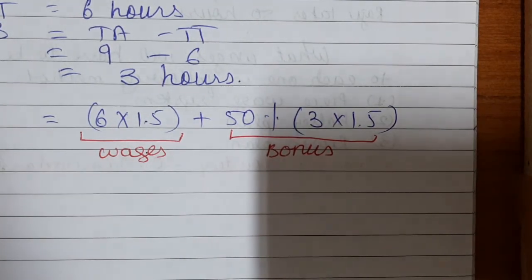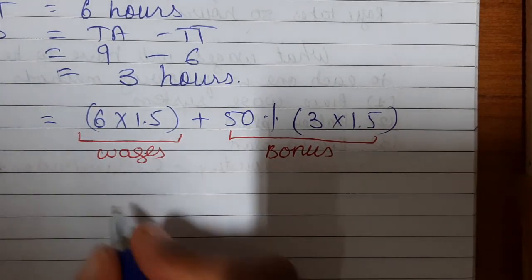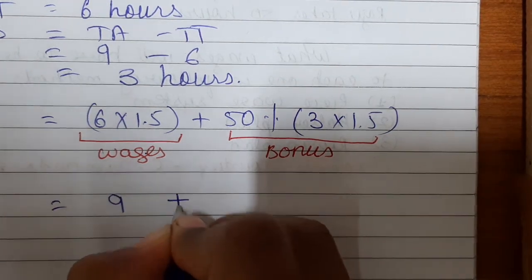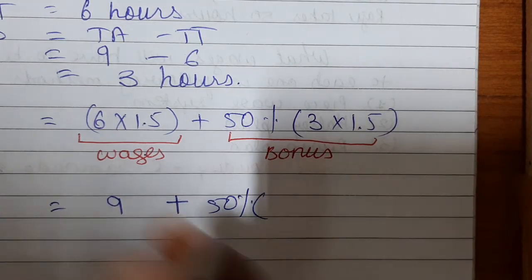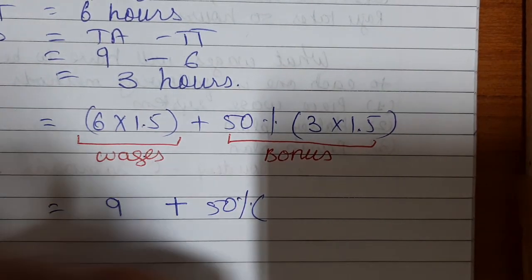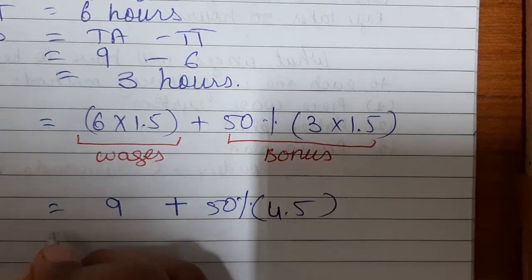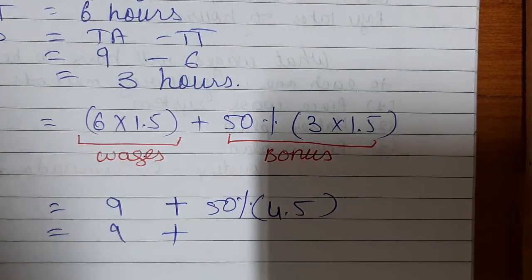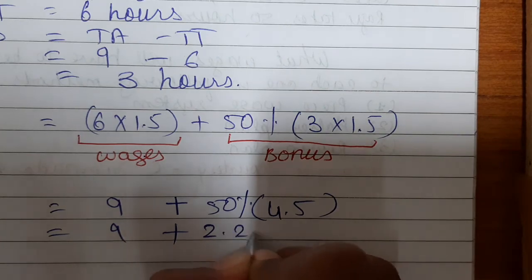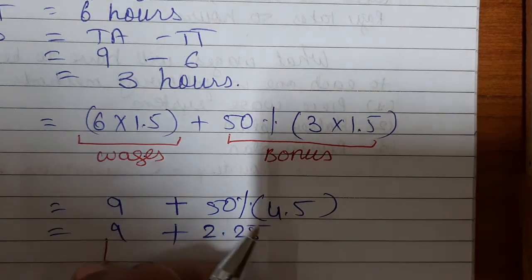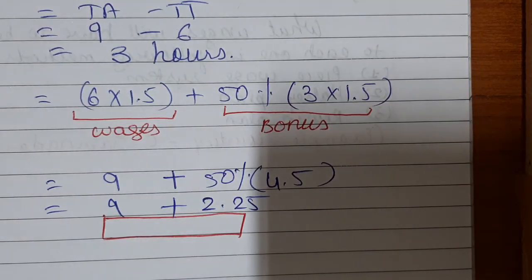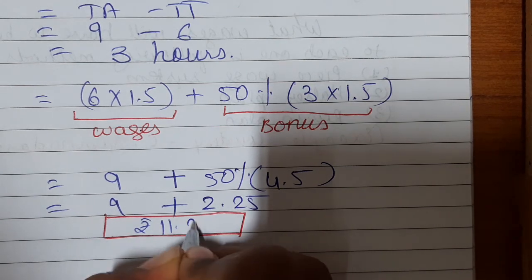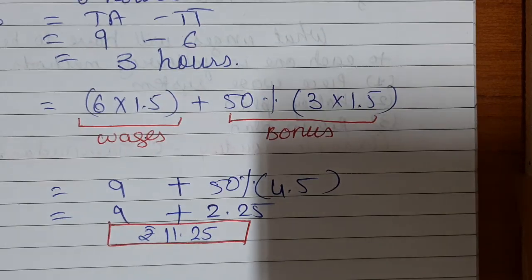So here 6 into 1.5, so that is rupees 9, plus 50% of 3 into 1.5, which means 4.5, so 2.25. So 9 plus 2.25. If the worker is given wages as per Halsey plan, he would be paid rupees 11.25 as wages.